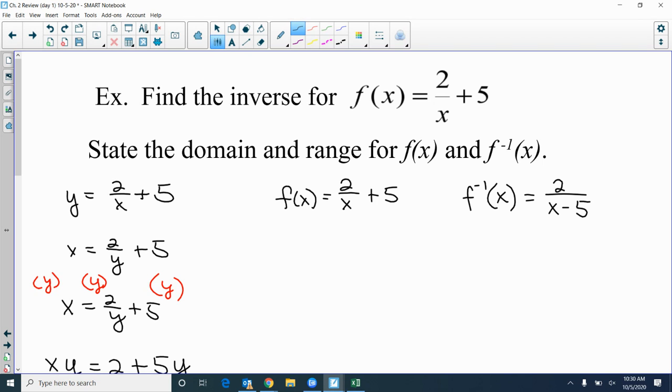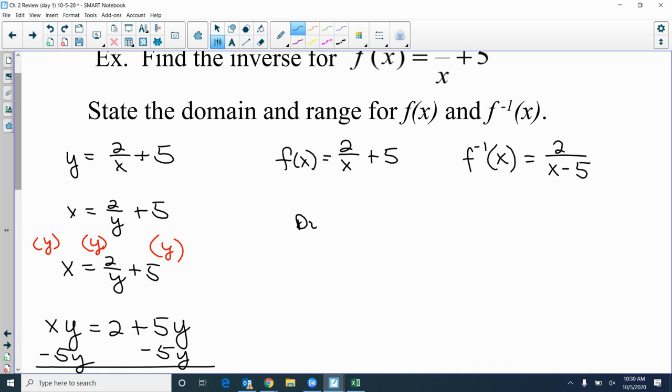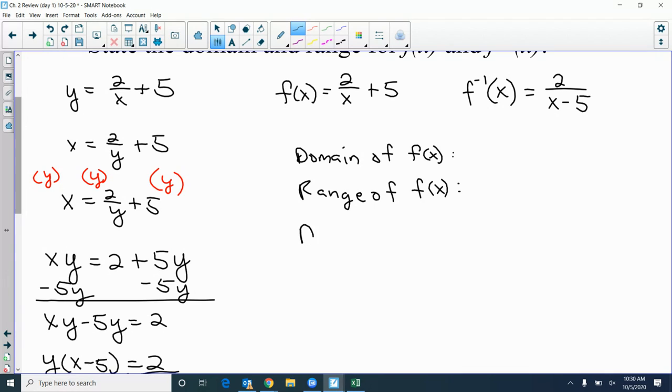Worry about the domains first. Figure out the domain of each of them. What's the domain of f? What's the domain of the inverse? So I'm just going to list them all here for a second: the domain of f of x, the range of f of x, the domain of the inverse, and then the range of the inverse.